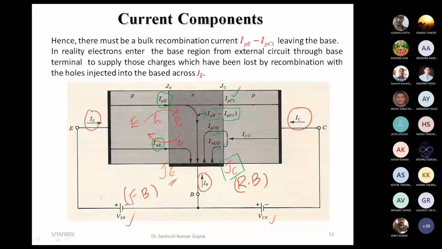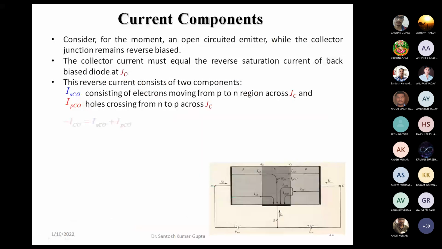In this way we can see the different current components at different terminals, which can be combined together to represent the currents which flow through IE, IB, and IC.